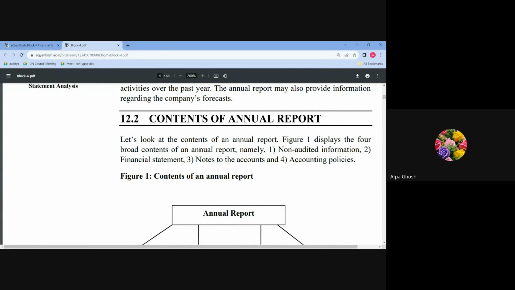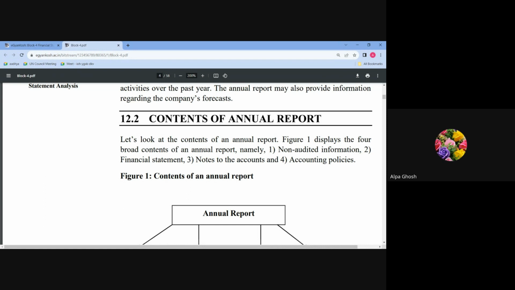When we talk about the annual report, there are certain areas: non-audited information, then the financial statements, then notes to the accounts, and accounting policies. So the annual report contains four areas.